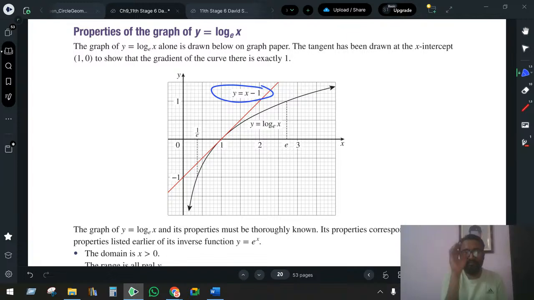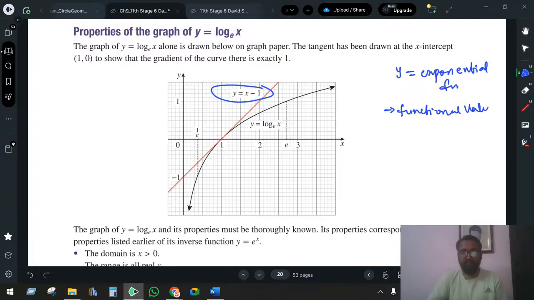Similarly, till now, whatever we did, when an exponential function has been given, then we evaluated the functional values. We evaluated the gradients of tangents. And once the gradient of tangents comes, then the normals can also be captured.